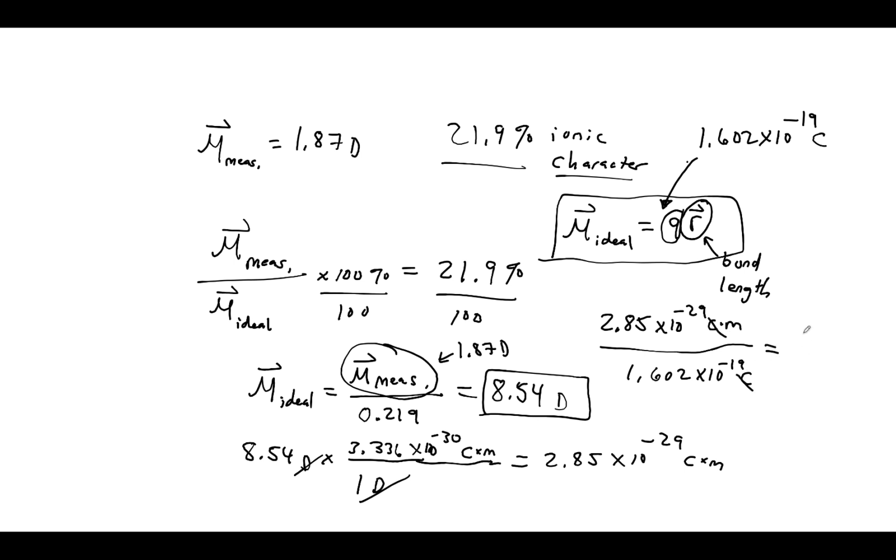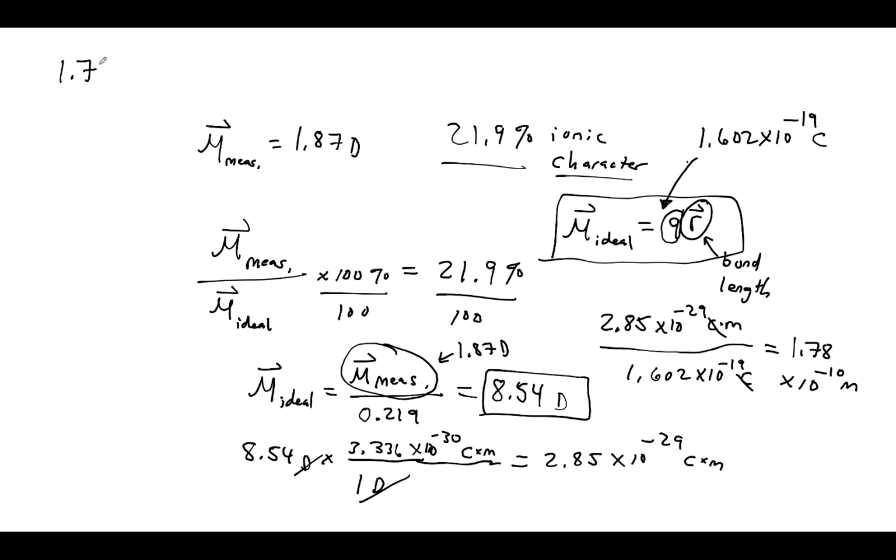And when we do this, we get about 1.78 times 10 to the negative 10 meters. And if we convert this into picometers, which would entail dividing by 10 to the negative 12, right? Actually, let's see here. I'm getting myself mixed up a little bit. That's why I should write this out. If we convert to picometers, look at the top left here because I'm running out of room.